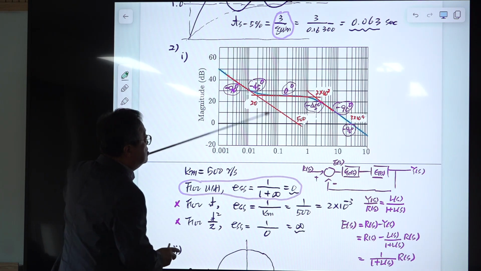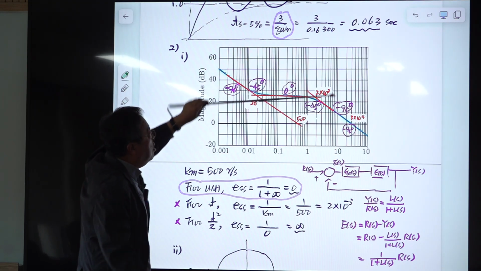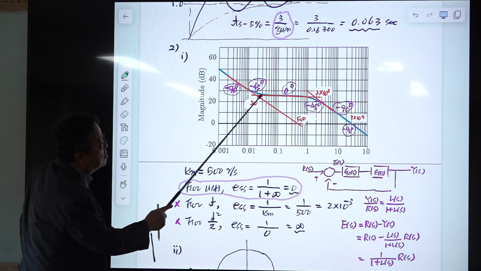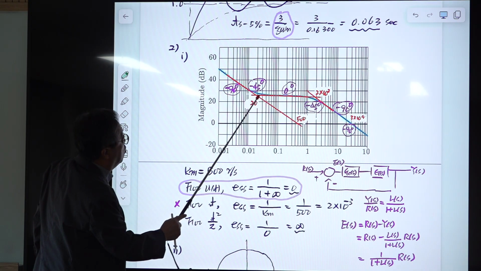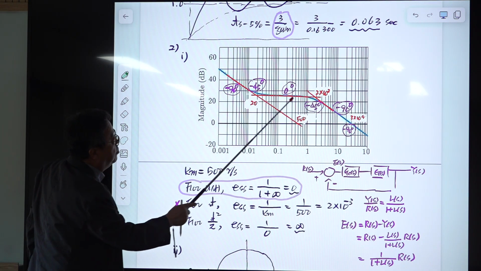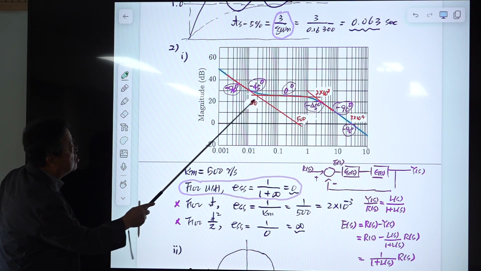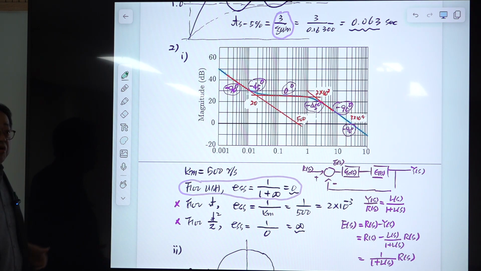So this has an initial integrator, and there is a zero. This is the zero, and this is the pole. The zero is coming first, and the pole is coming later, and this frequency is this one. Something similar to this number is okay.